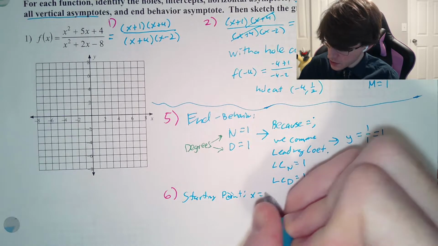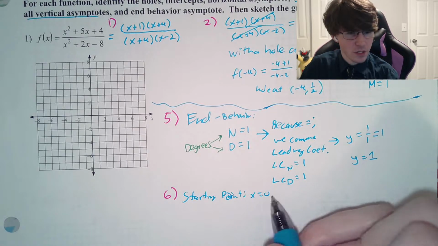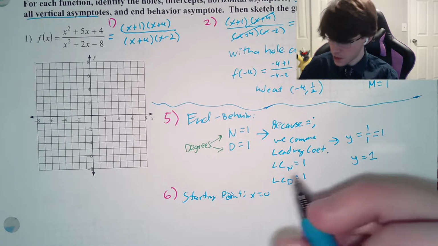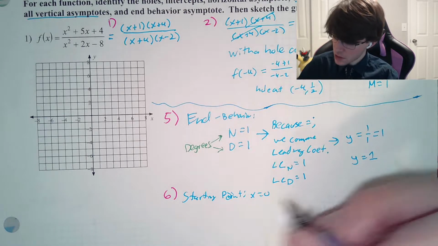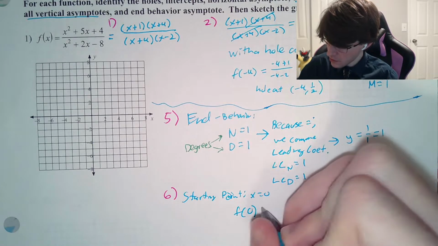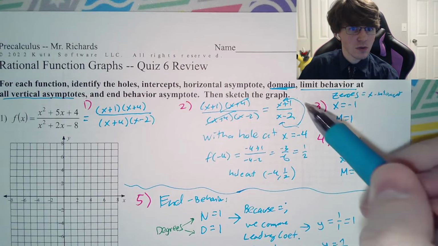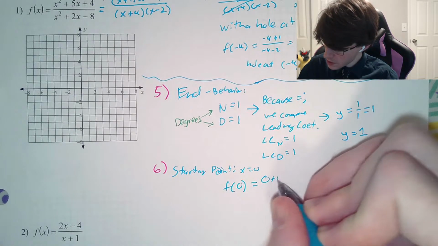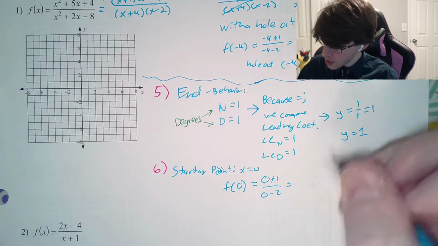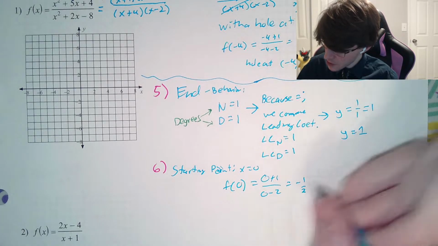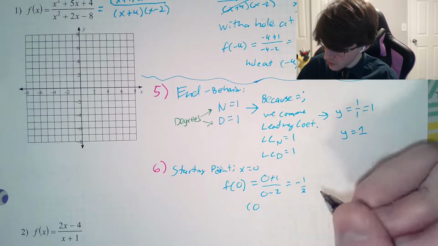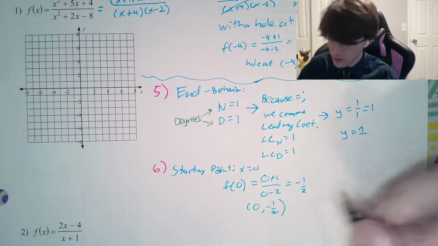We're going to make it x equal to 0. This is an optional value, arbitrary. You can pick any value that you want whatsoever. So we have x equal to 0, and you plug that in. You get f of 0, and you're plugging it into this one up here, x plus 1 over x minus 2. So 0 plus 1 over 0 minus 2, and that gives you negative a half. So you have this starting point of 0 comma negative a half.